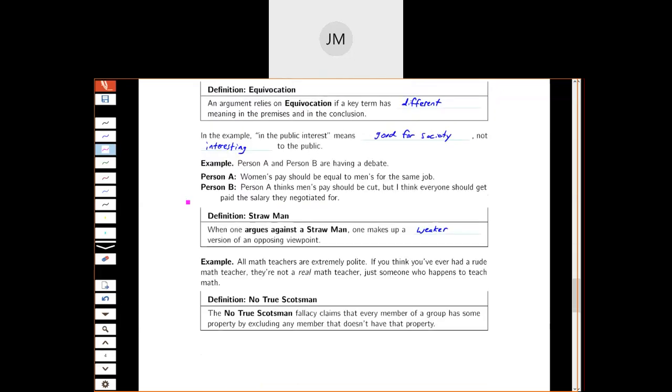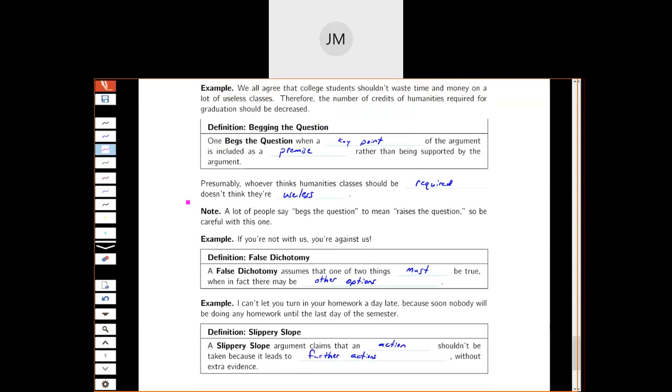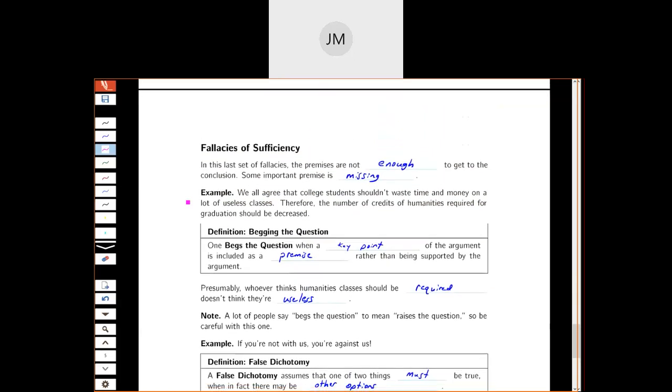They're harder to be very careful about. They're more difficult to clearly show that this is a problem. Okay, you have to pay very close attention to the words in an argument and what's going on there.